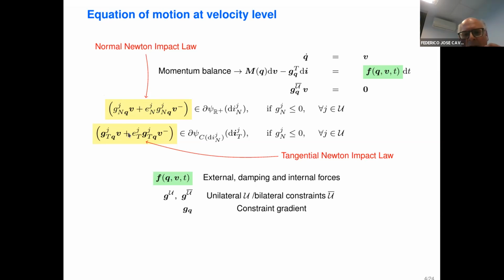And here we have a second equation for the impact to consider friction in the simulation. We also need another phenomenological coefficient, Et, which is the restitution coefficient for the tangential direction. This equation, marked in yellow, is named the Newton impact law.